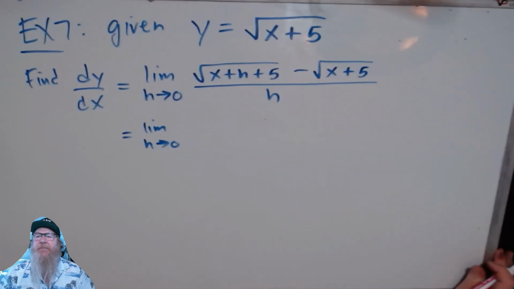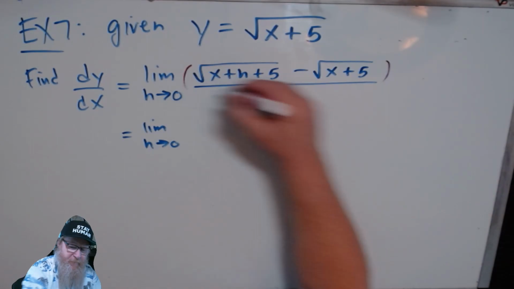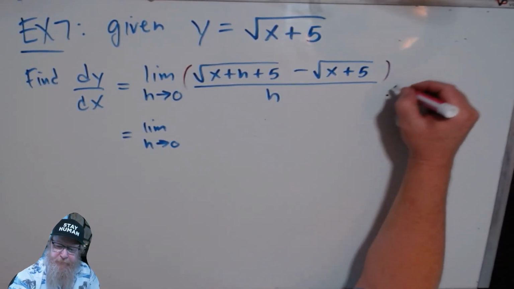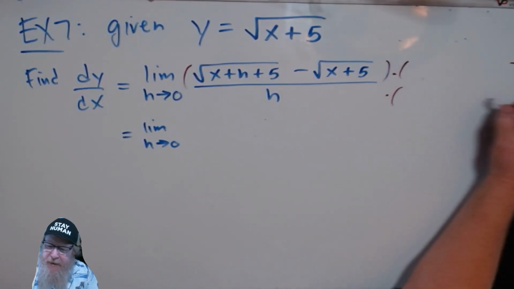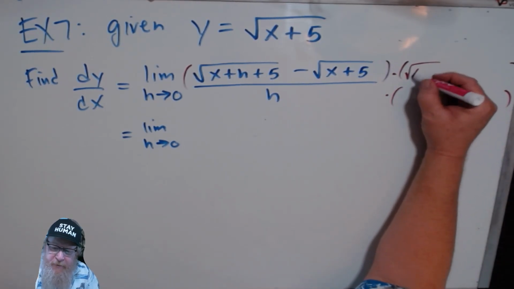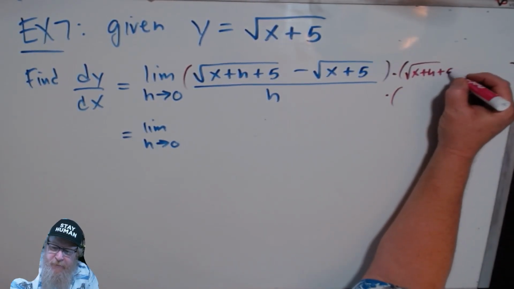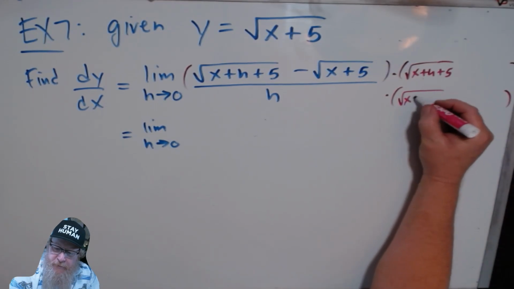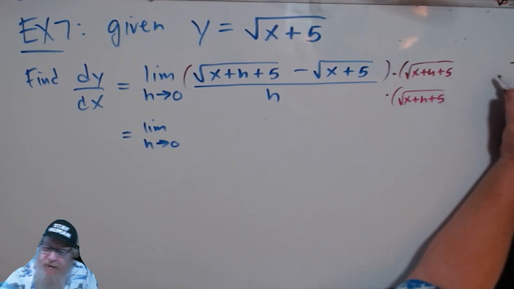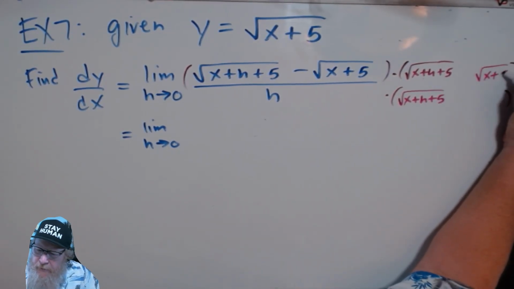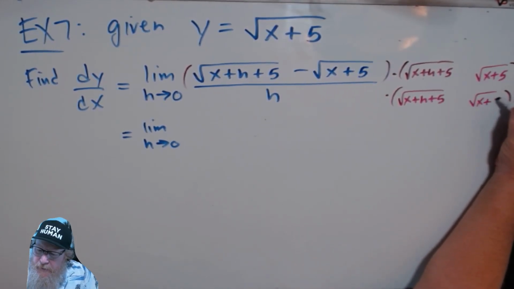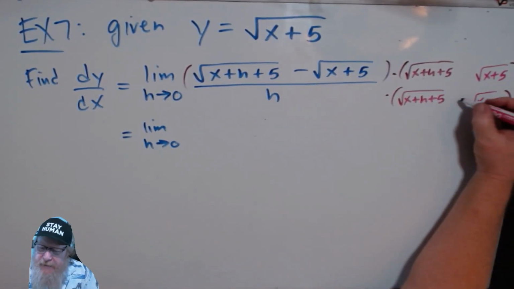You've seen these steps before. You multiply by a special form of 1. So you copy the numerator and the denominator, and then you change the middle sign.